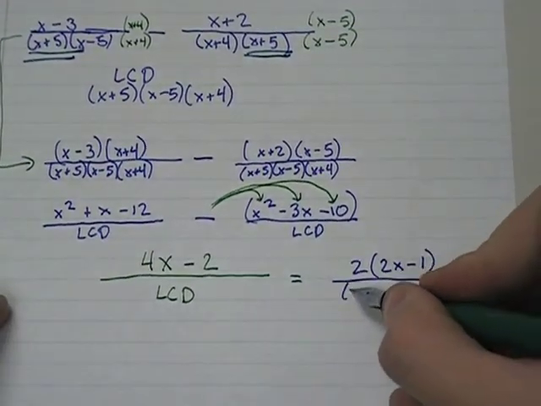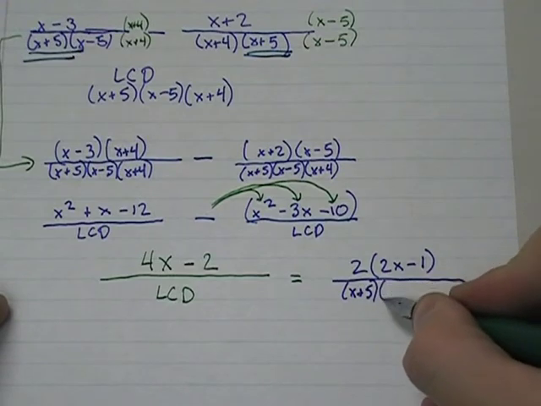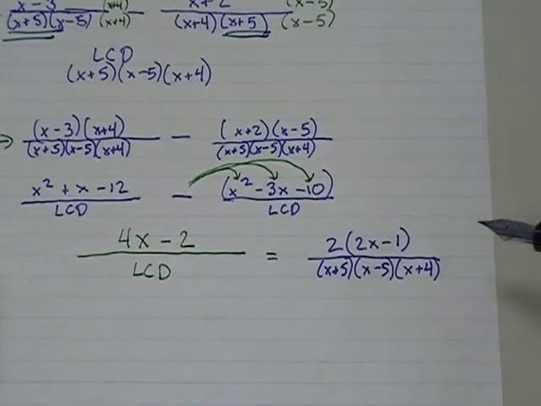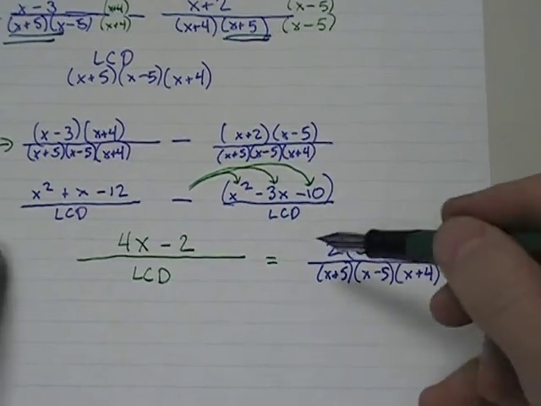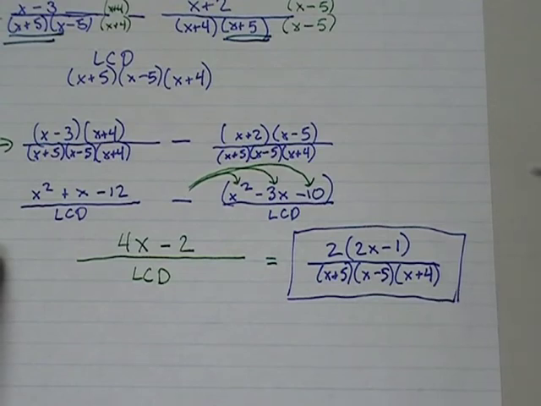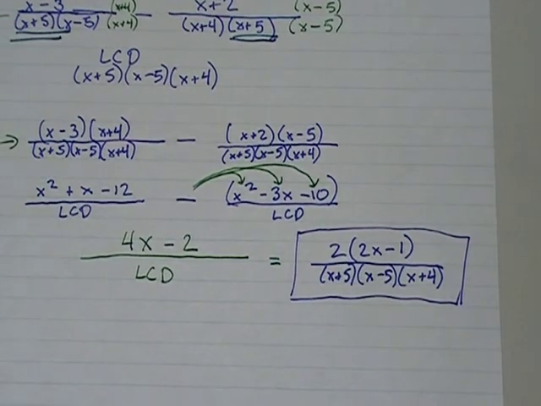My LCD was (x + 5)(x - 5)(x + 4). And then, of course, if this would cancel with anything in the denominator, we would do that cancellation. In this particular problem, that doesn't happen, and so that's our answer. That's our simplified rational expression. If you have any questions, please come see me.